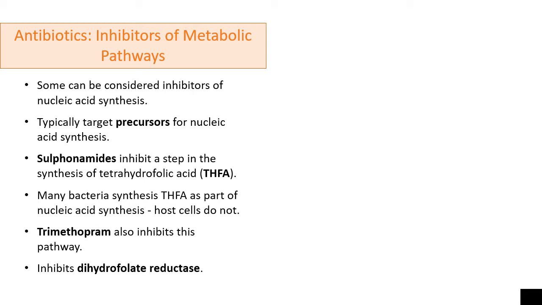We have two more groups here. We have the inhibitors of metabolic pathways, and again we have this difference between bacterial cells and eukaryotic cells. So when we're talking about the metabolic pathways of bacteria, particularly those involved in nucleic acid synthesis, so those upstream, there is something called tetrahydrofolic acid, THFA, and this is utilized in the pathway that bacteria follow, but not utilized in the pathway that eukaryotic cells follow.